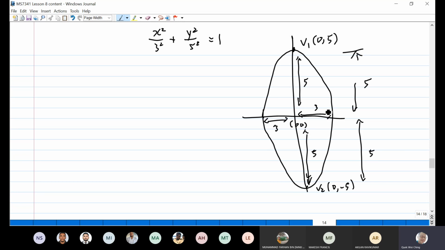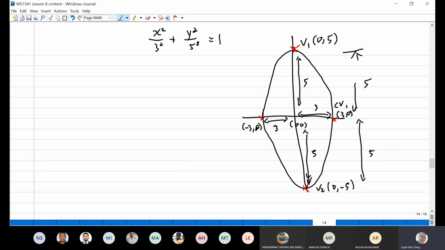And this endpoint here is a co-vertex now. This one is actually 3, 0. And this point is minus 3, 0. Okay, so these are the vertices and co-vertices.